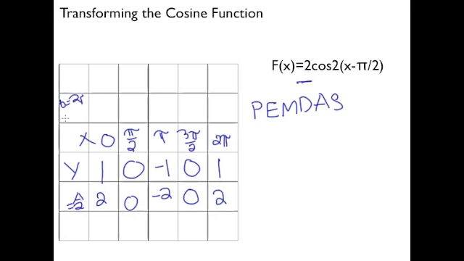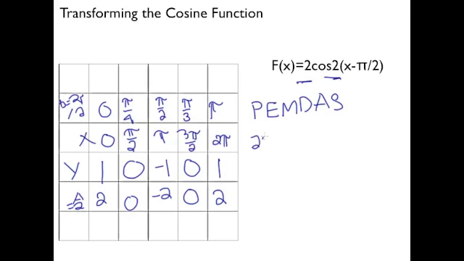So we have to divide everything by 2. So this would be 0, pi over 4, pi over 2, pi over 3, and lastly pi.